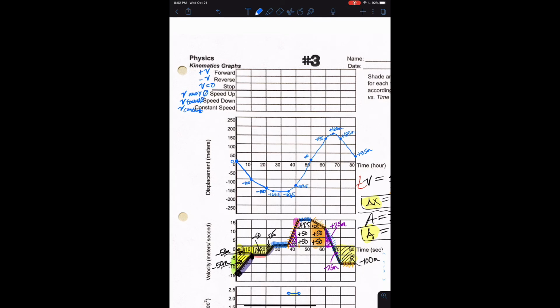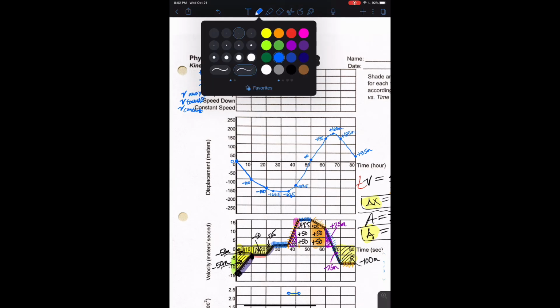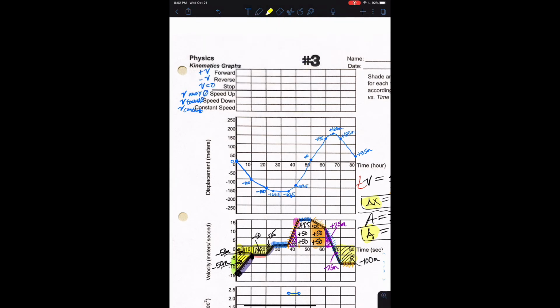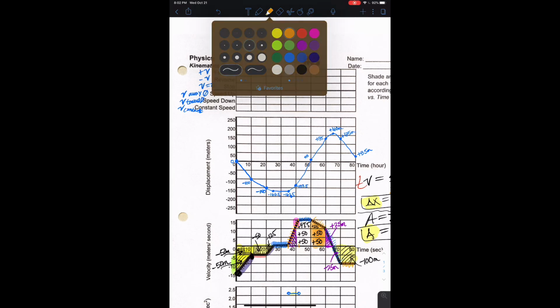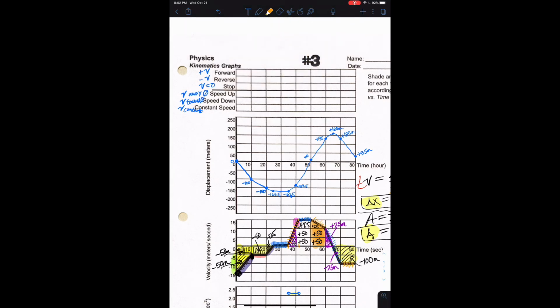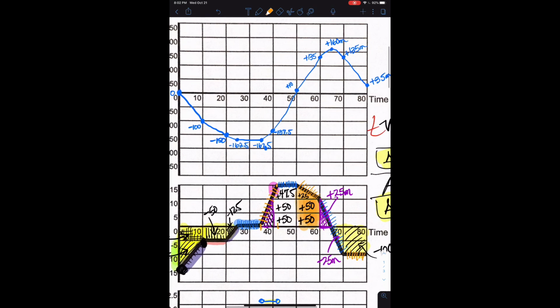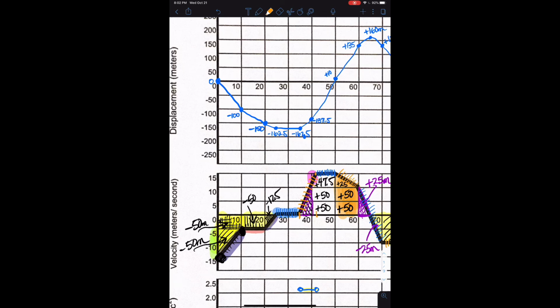All right, so let's go ahead and shade this in, right? Go ahead and use orange. All right, so forward or positive velocity, negative velocity, and stops. Looking at our graph here, from 0 to 25 for time, we have a negative velocity.